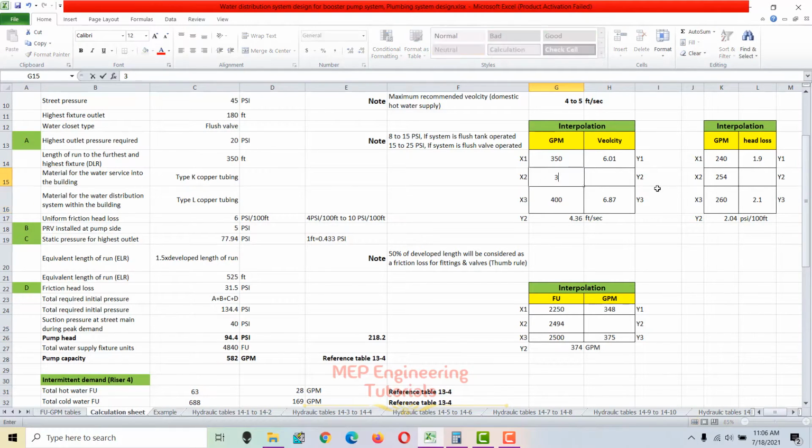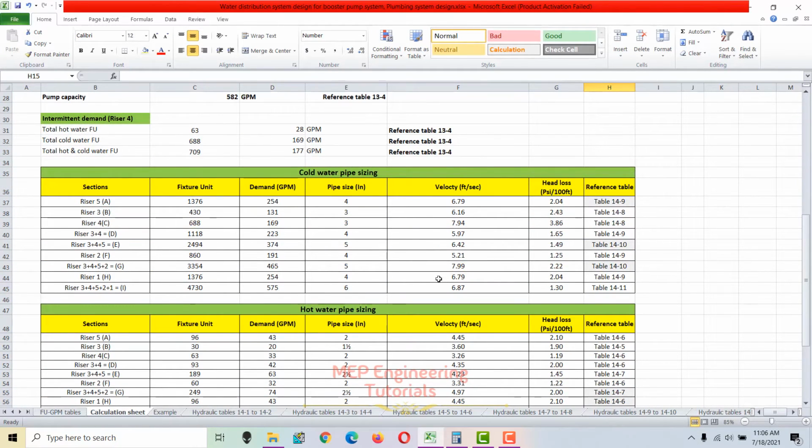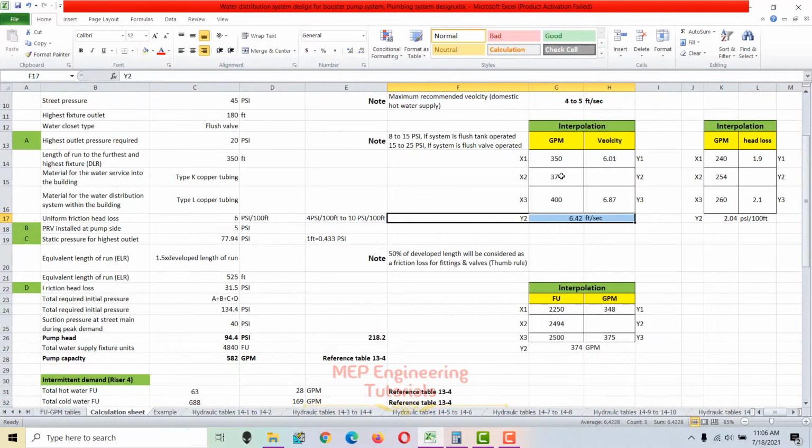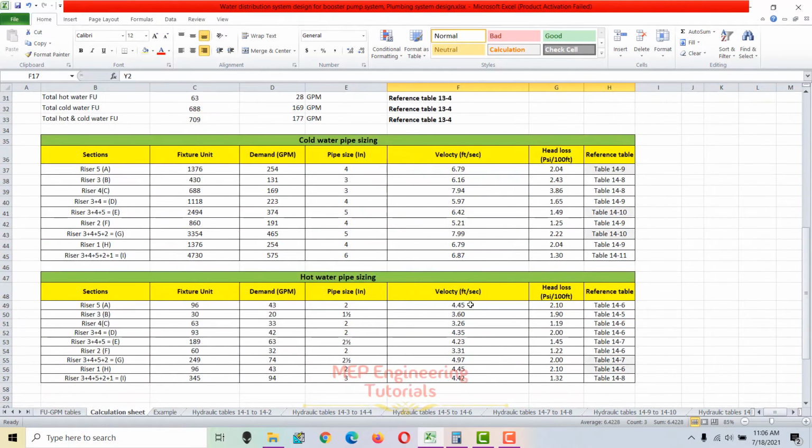And we need to check at 374. The velocity calculated using the interpolation formula is 6.42 feet per second.